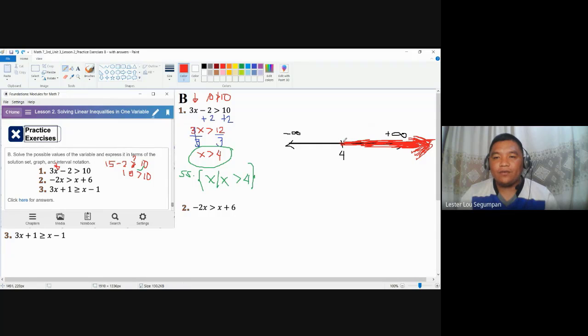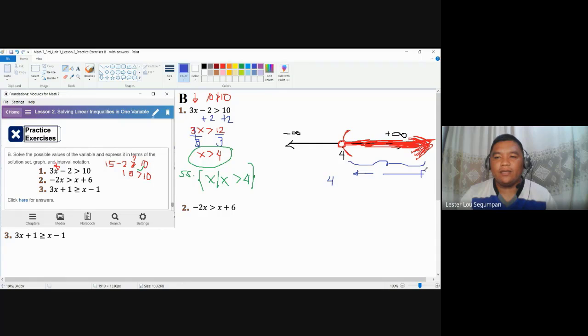In our graph, 4 should be an open circular figure. Let me erase here. And then we add parentheses going in this direction. This is now our complete graph. As for our interval notation, refer to this one. The leftmost value is 4.